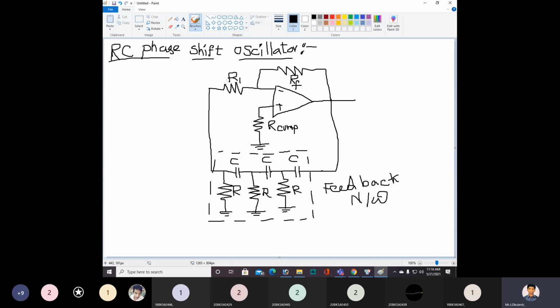This is nothing but the amplifier. So this is the RC phase shift oscillator diagram.